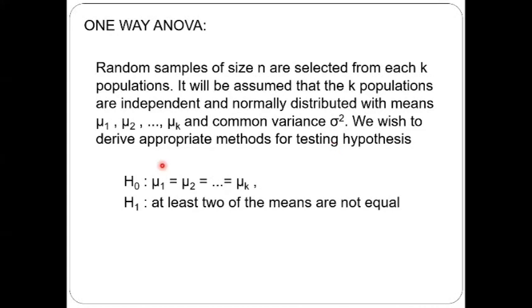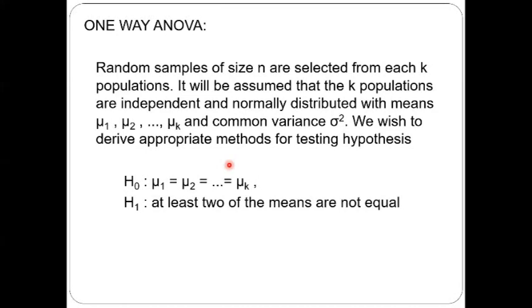Let's say, we have here the null hypothesis and also the alternative hypothesis. Null hypothesis for the H sub 0 and alternative hypothesis for the H sub 1. So ang assumption natin when we derive using this one-way ANOVA, yung first natin is we have the null hypothesis, which is we have yung mean natin or mean sub 1 is equal to mean sub 2 and so on.